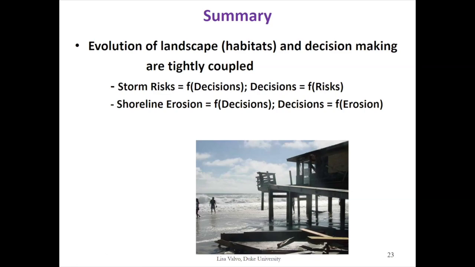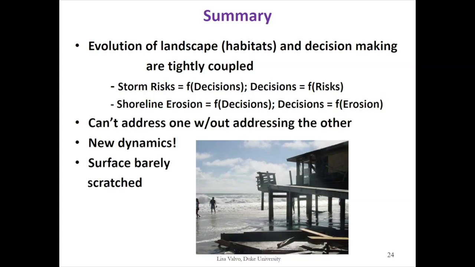And similarly for shoreline erosion, the decisions we make are affecting patterns of shoreline erosion, but the patterns of shoreline erosion are what drive the decisions as well. So it's clear here that we can't address how the human component of the system might evolve into the future without thinking about the risks and impacts and chronic stressors like sea level rise and shoreline erosion.